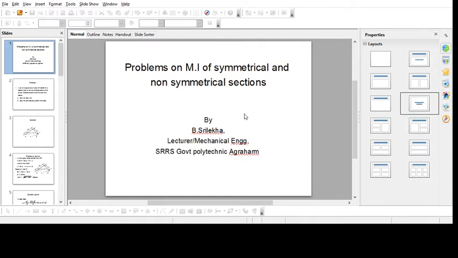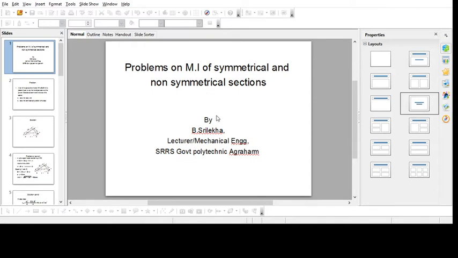You know the formula for a rectangle is L by 2 and B by 2, so 10 by 2 plus 110 means 115. So 45 and 115 is the centroid of this one.